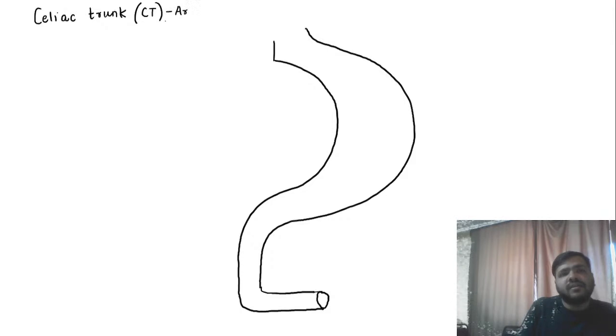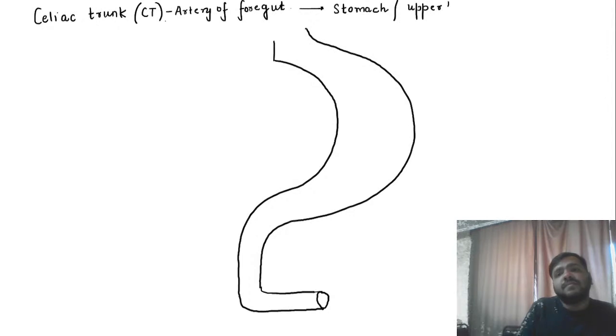It is the artery of the foregut. And remember, when I say foregut, it is basically the stomach, which will get its supply from the celiac trunk, the upper half of the duodenum till the duodenal papillae, the liver, the spleen, and the pancreas.